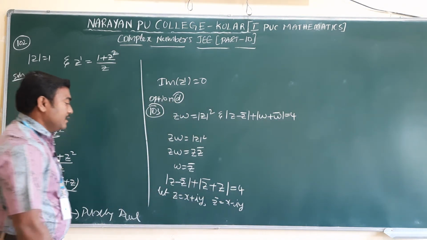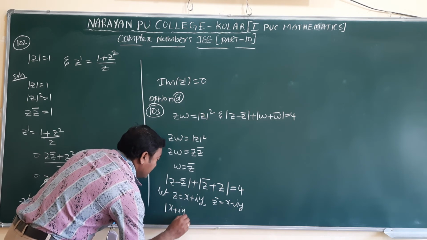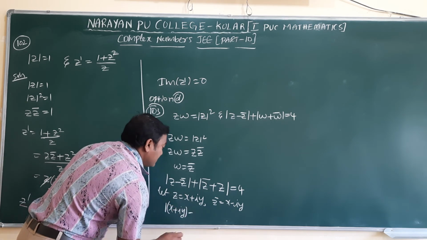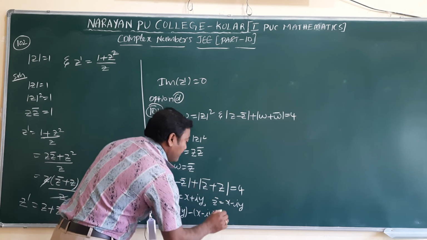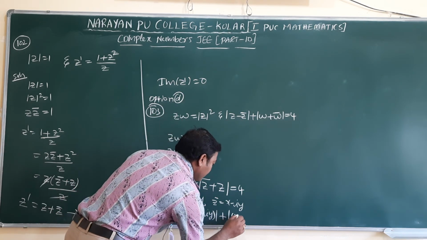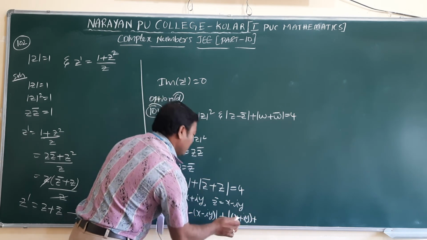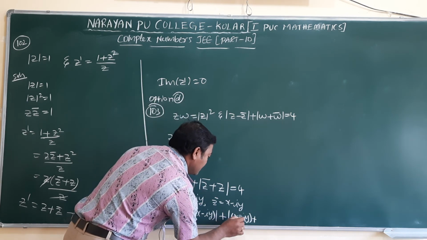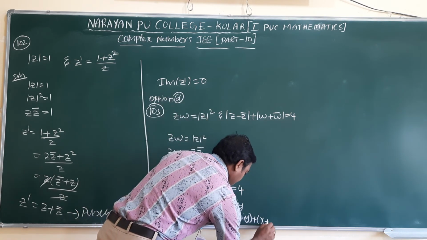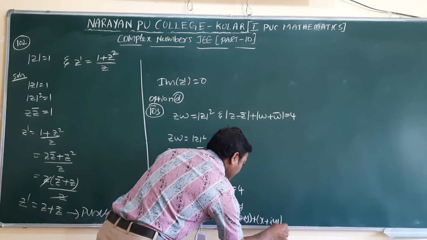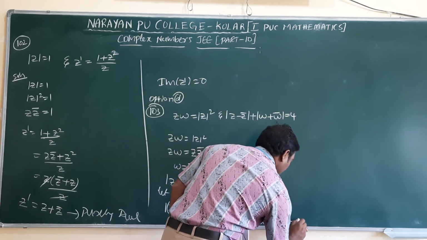Here modulus of (x plus iy minus x minus iy) plus modulus of (x minus iy plus x plus iy) is equal to 4.